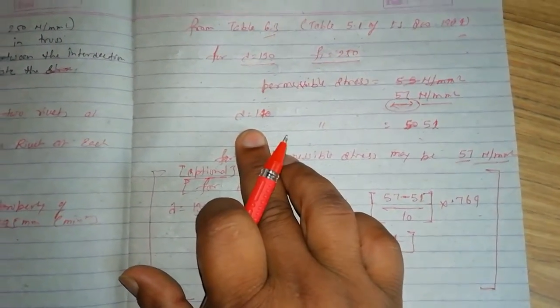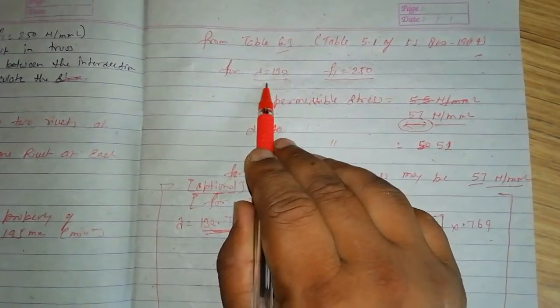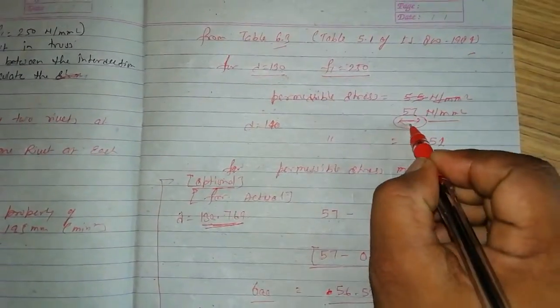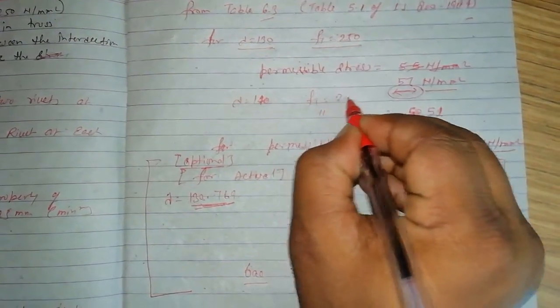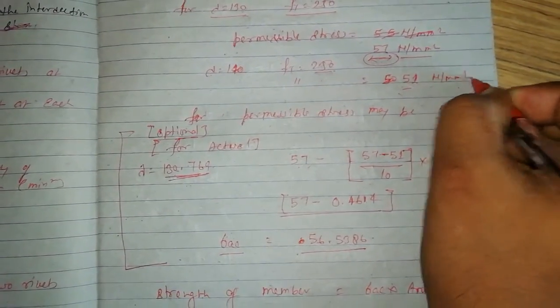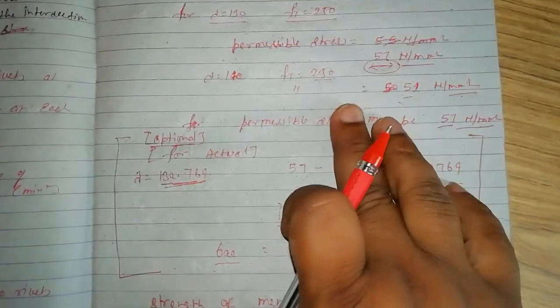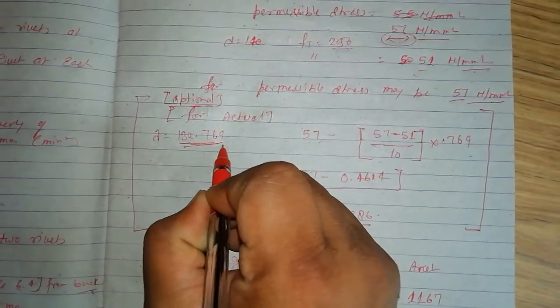Now for Fy equal to 250 and lambda equal to 130, the given value is 57, and for lambda equal to 140 the given value is 51 Newton per mm square. So now we have to calculate the permissible stress for 130.769.